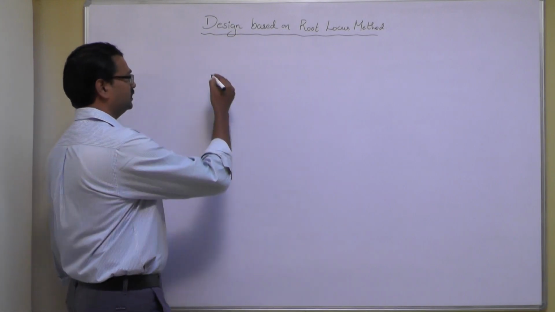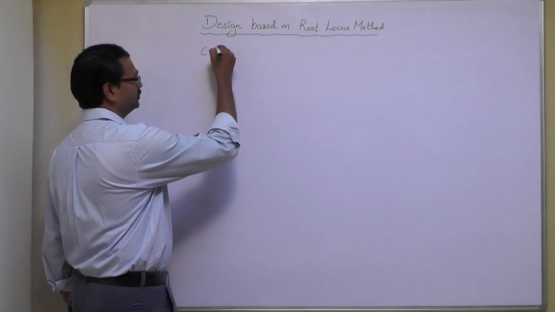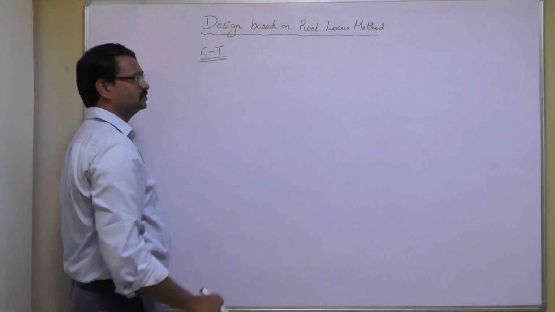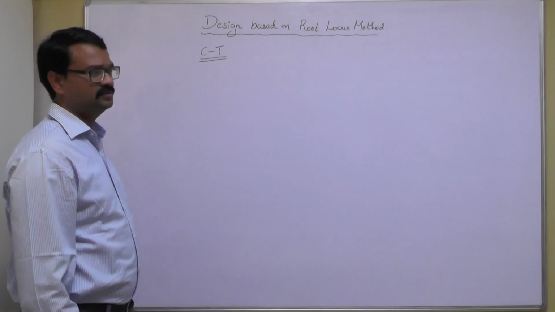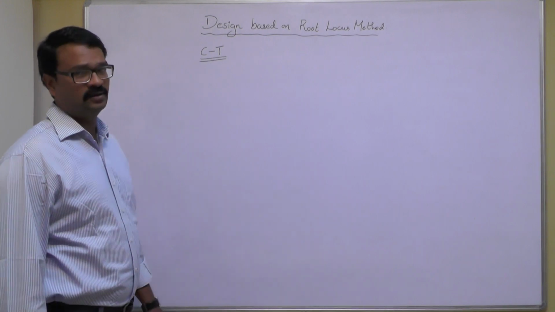For example, let me go with a brief introduction. We will review the root locus method in continuous time systems, just a gist of what the root locus method is.